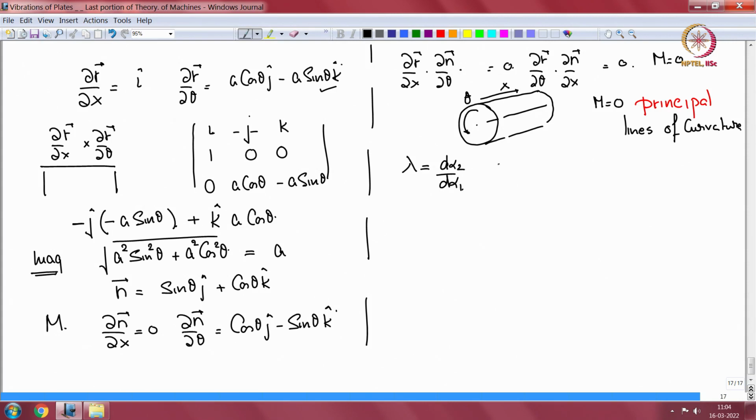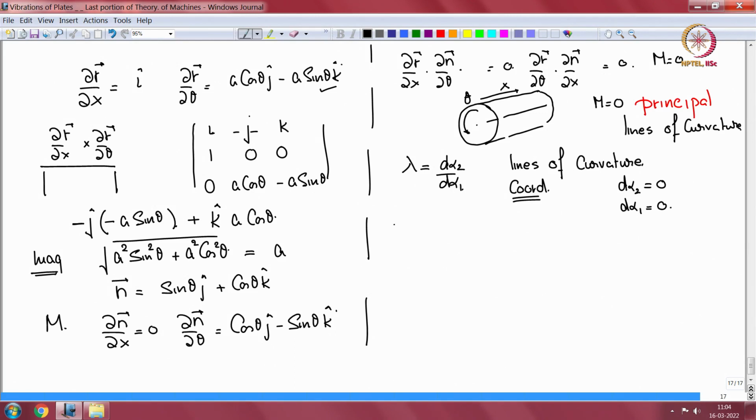So now when we take the lines of curvature as the coordinates, that means in one case d alpha 2 will be 0, in one case d alpha 1 will be 0. Those are the two directions, right? In one case if I have i and j, i moves, j is constant; j moves, i is constant.